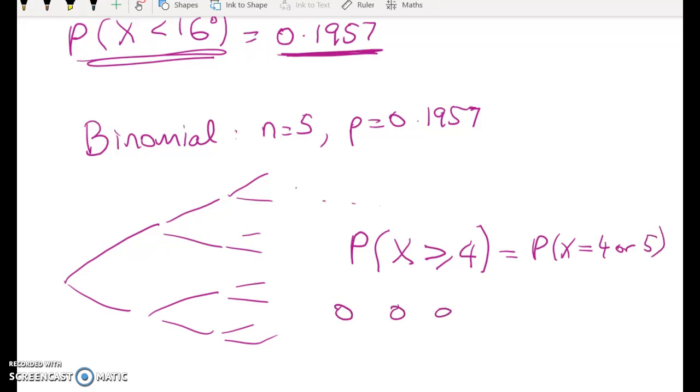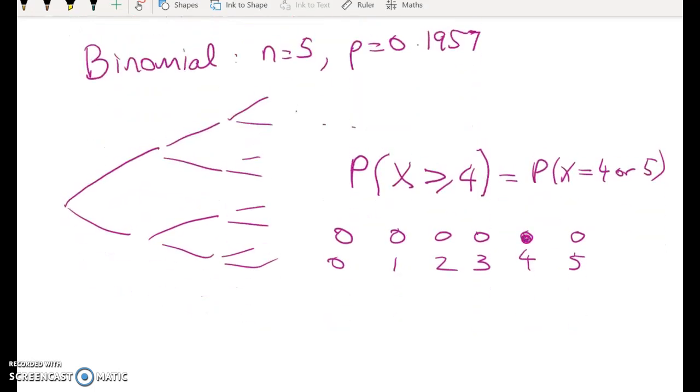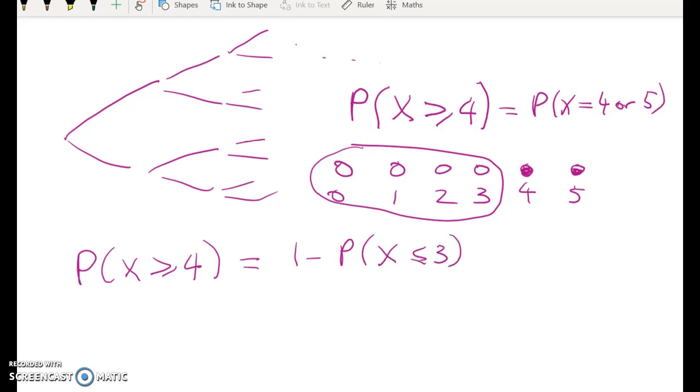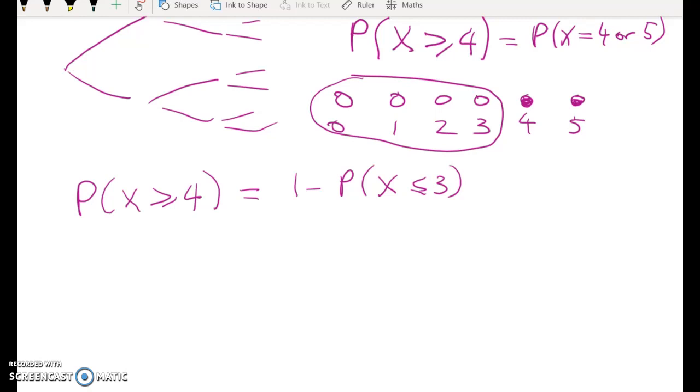I'm going through this pretty slowly, but if you're really wanting to check that you've got the right ones included, we want the 4 or 5, but we don't want these ones. Your calculator works with the lower end, so we're going to switch it around. The probability of x greater than or equal to 4 is equal to 1 minus the probability of x less than or equal to 3. Grab your calculator and figure that out, and you should get 1 minus 0.9938, which gives us 0.0062.